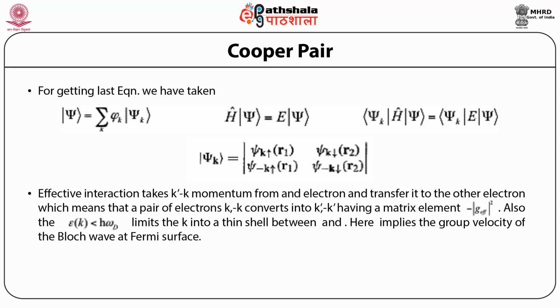Also, the limit that epsilon of k is less than h cross omega d restricts k into a very thin shell. The entire sea of Fermi electrons is not involved now. Here it implies the group velocity of the Bloch function at the Fermi surface.